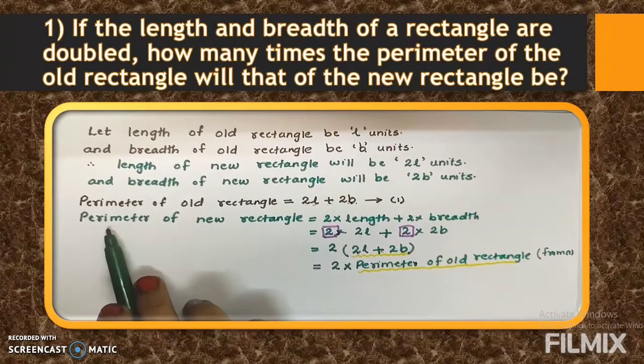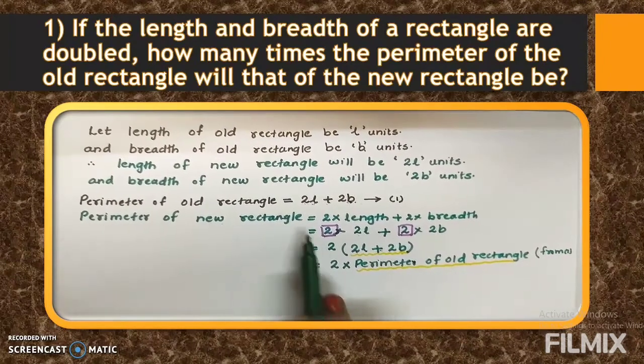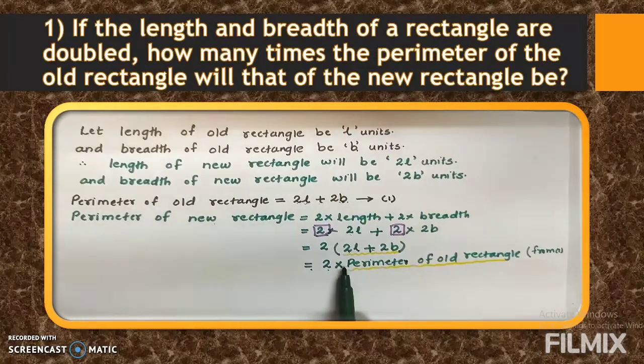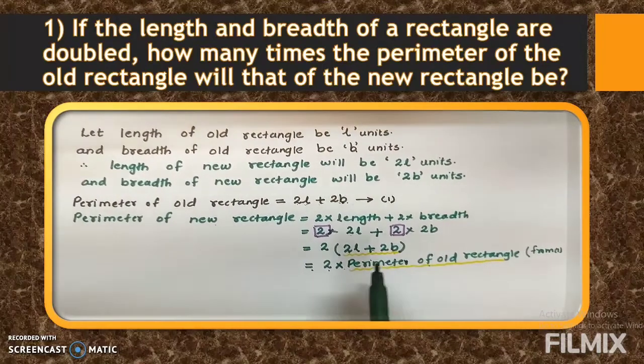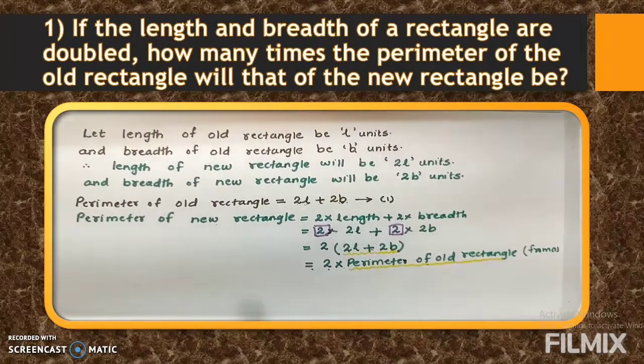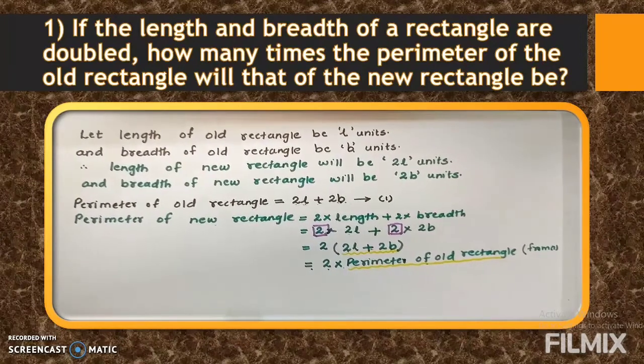Now if we see what answer we got, therefore perimeter of new rectangle is equal to 2 times perimeter of old rectangle. And that is only what they are asking. So what will we write in the final answer?